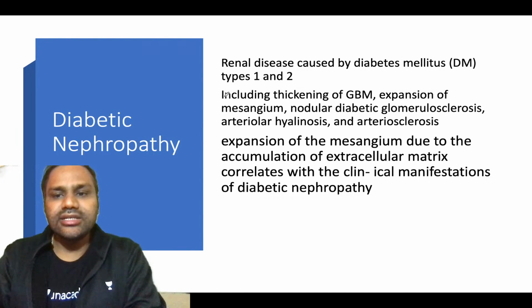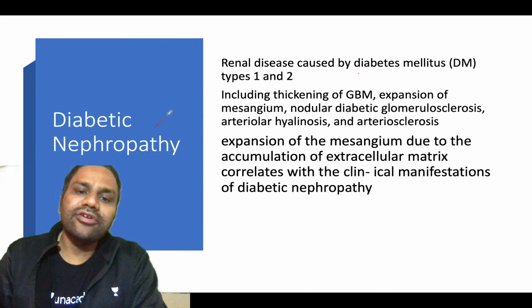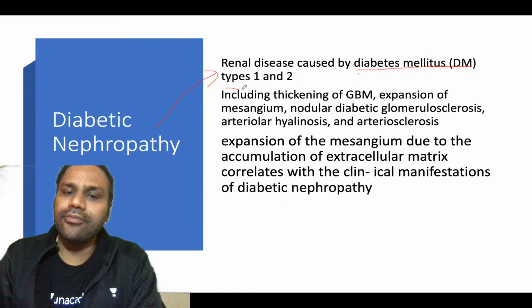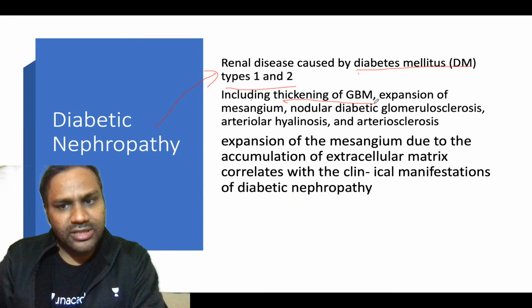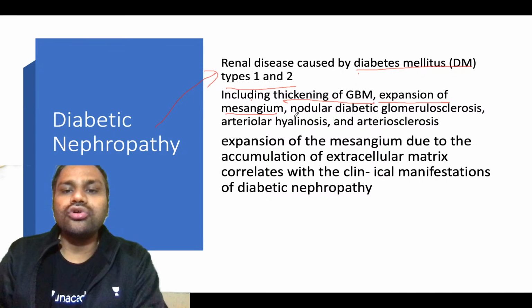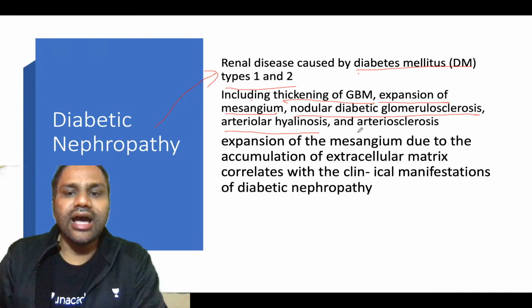Diabetic nephropathy is defined as renal disease caused by type 1 and type 2 diabetes, which includes thickening of the glomerular basement membrane, expansion of mesangium, nodular diabetic glomerulosclerosis, arterial hyalinosis, and arteriosclerosis.